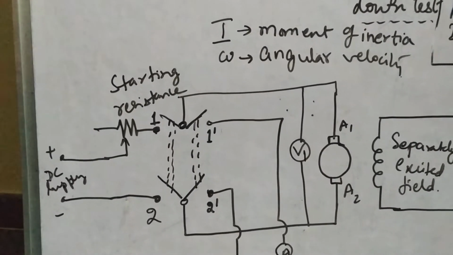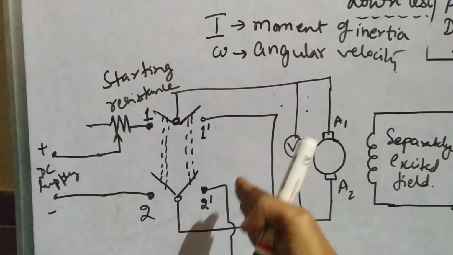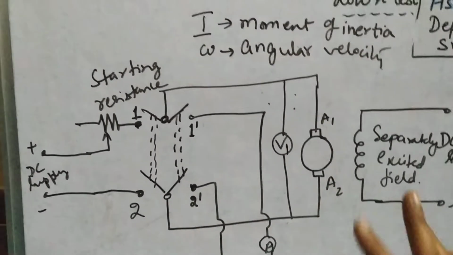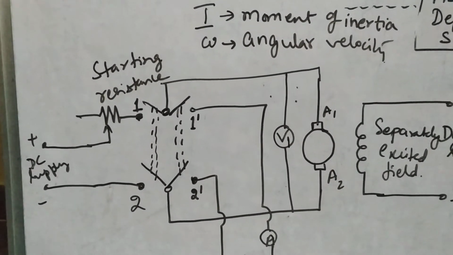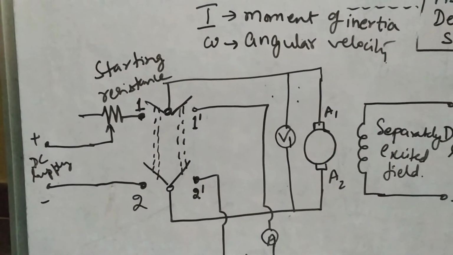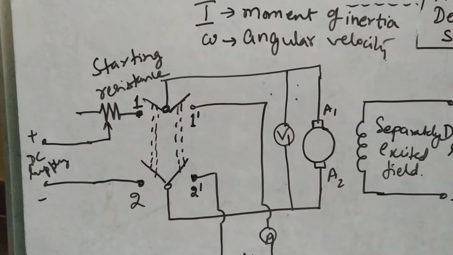Suddenly when you shift this switch to the 1 dash and 2 dash position, this armature will get slowed down. So that time instant will be taken up.